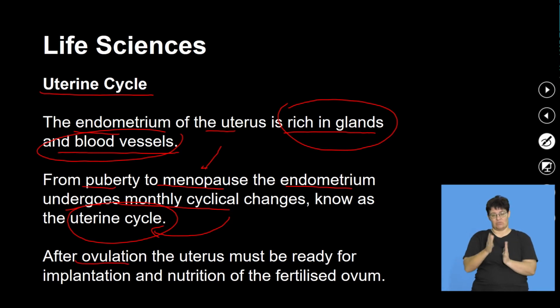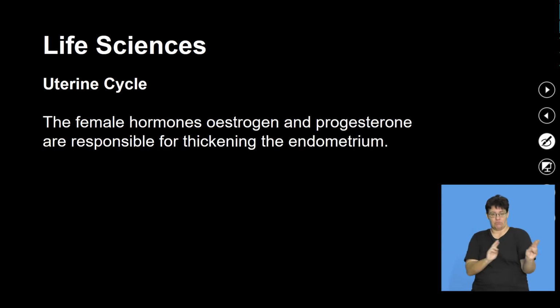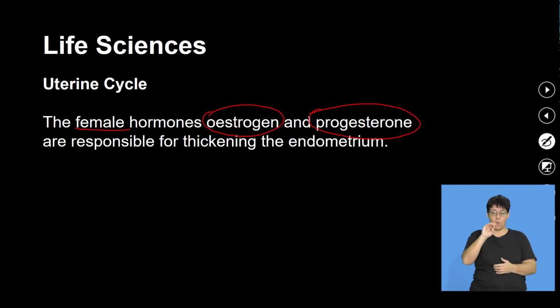After ovulation, the uterus must be ready for implantation and the nutrition of a fertilized ovum. So let's try and understand that. So the female hormones, which are known as estrogen and progesterone, are responsible for thickening of the endometrium.